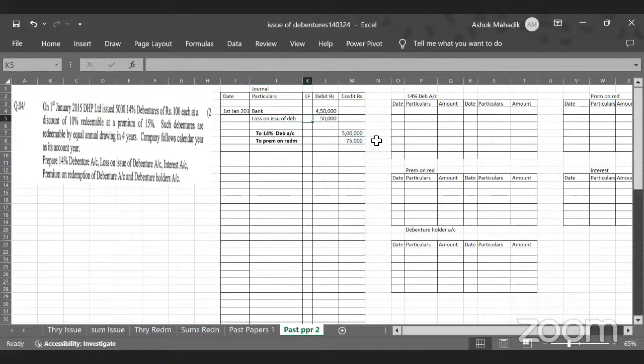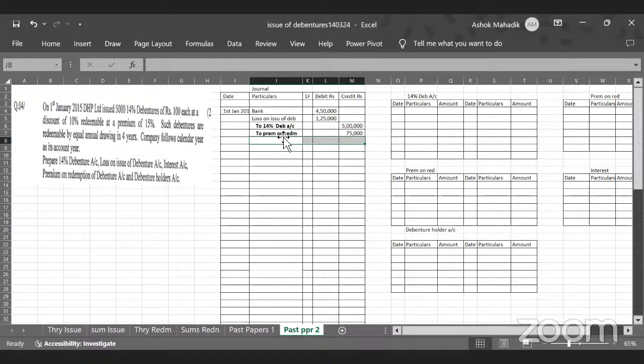So it will be 1,25,000, isn't it? 1,25,000. And just transfer this to the entry. Your entry will be bank account debit 4,50,000. Since 50,000 is discount, then loss on issue of debenture.